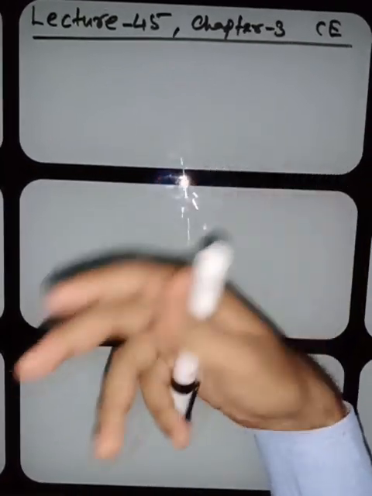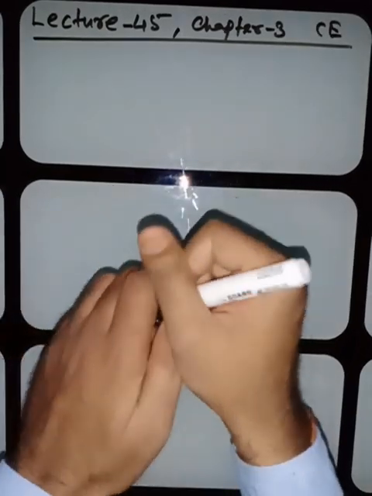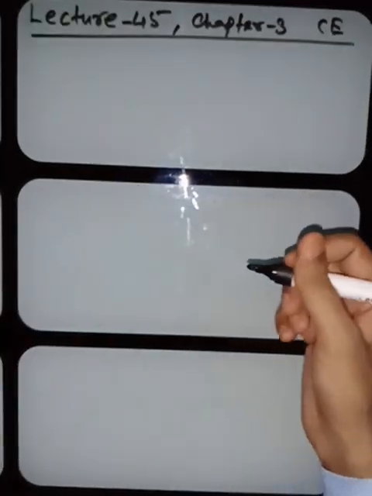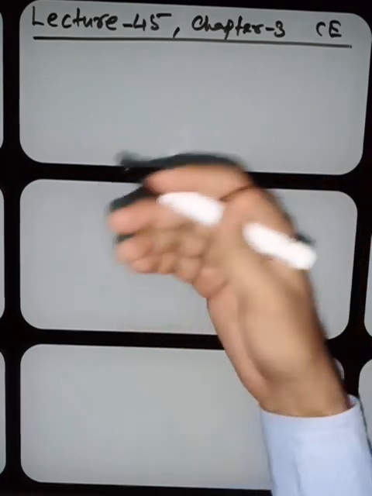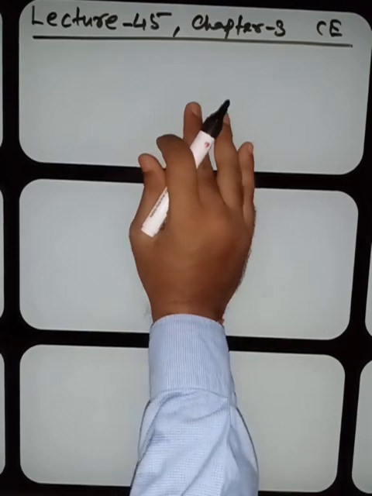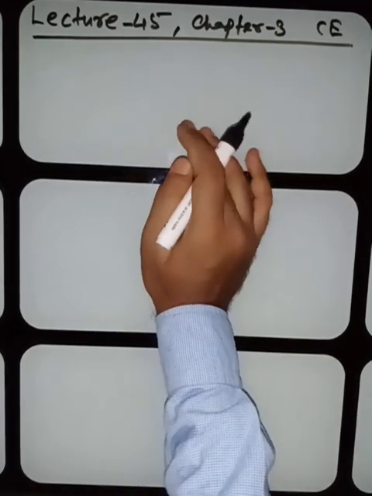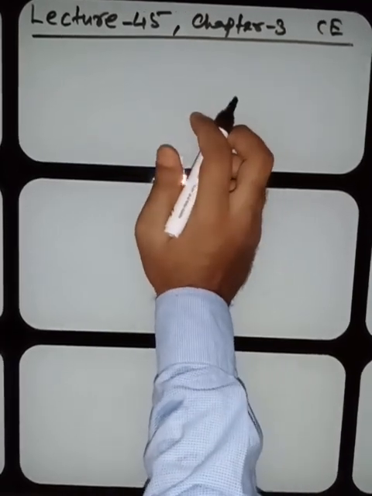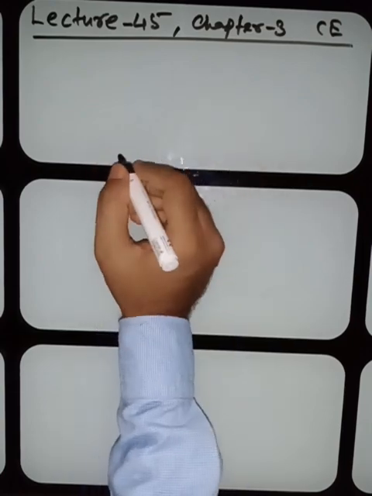I hope you are able to recall that such questions we have done. Today we will not do such questions, but we'll do some questions of our level. So first we are going to start with electrical energy.